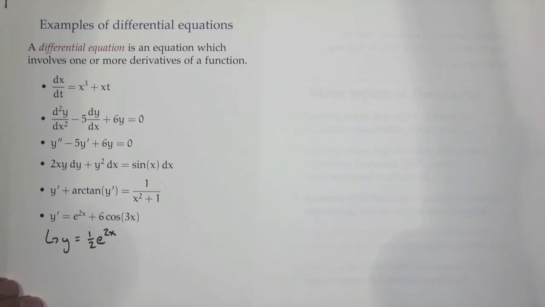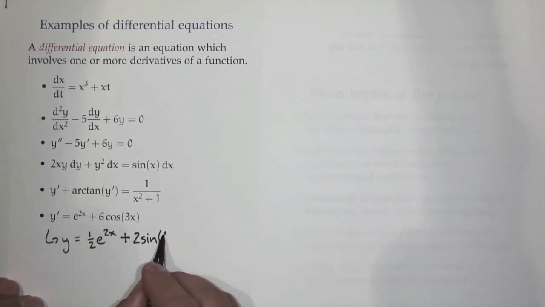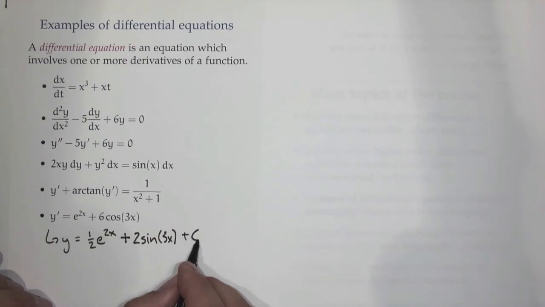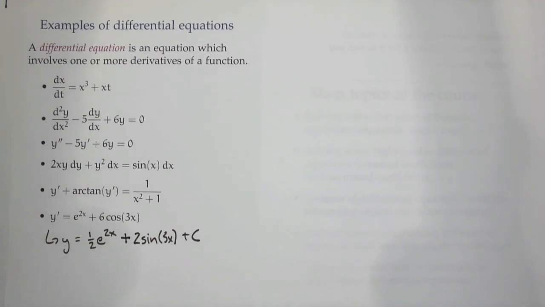Negative, positive, positive, negative. There's lots of negatives, but now the positives seem to be taking over. Is that right? Yeah, that's right. Okay, what else? 2 sine 3x. And is that it? Plus c. Plus c.